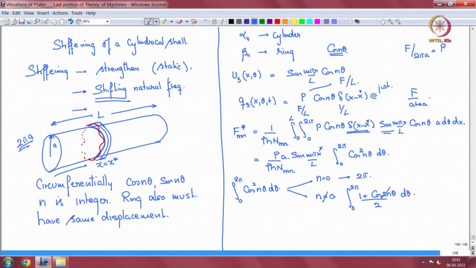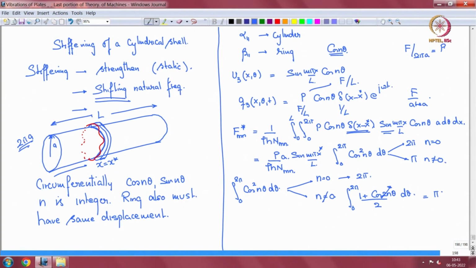Now this will integrate to 0 over twice pi, and so I get half d theta integrated, which gives me a pi. So this is 2 pi when n equal to 0, this is pi when n not equal to 0.